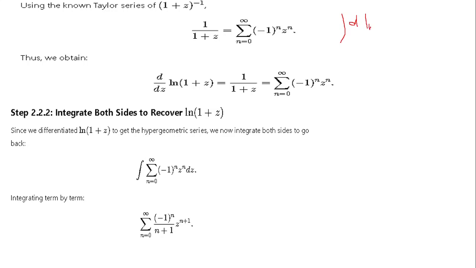Now the next thing is we need to integrate. So if we integrate this thing here, let's say for example, we're going to integrate ln(1 plus z), which is equal to the integral of the summation from n equals 0 to infinity of minus 1 to the power n, z to the power n, dz.